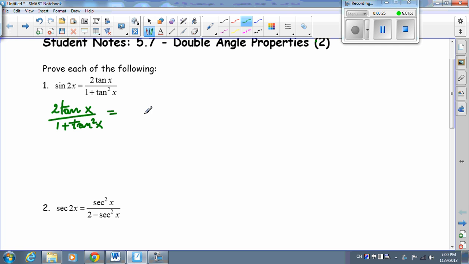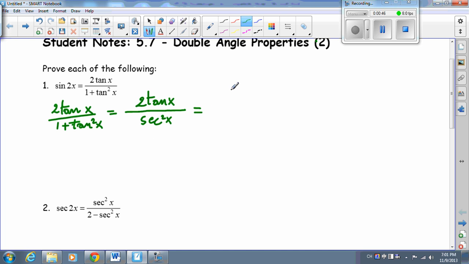And I set this equal to, since 1 plus tangent squared of x is the secant squared of x, 2 tangent of x over secant squared of x. From now I can just change the tangent into sine over cosine and the secant into 1 over cosine.